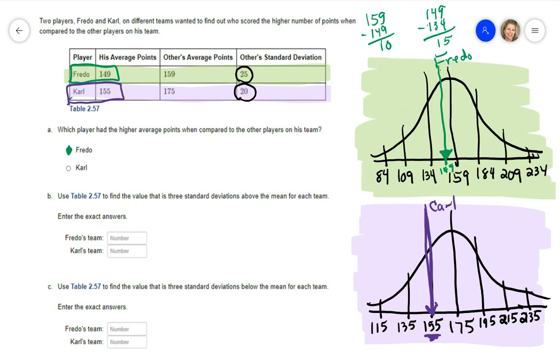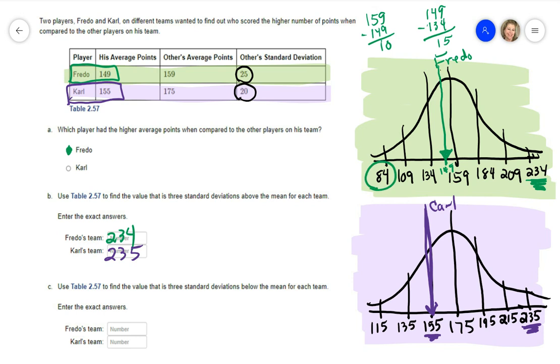Find the value that is 3 standard deviations above the mean for each team. For Frito's team, it was 234, and for Carl's team, it is 235. And then part C, find the value that is 3 standard deviations below the mean.